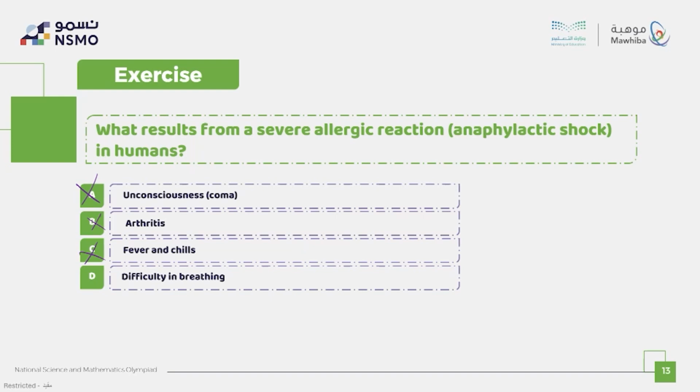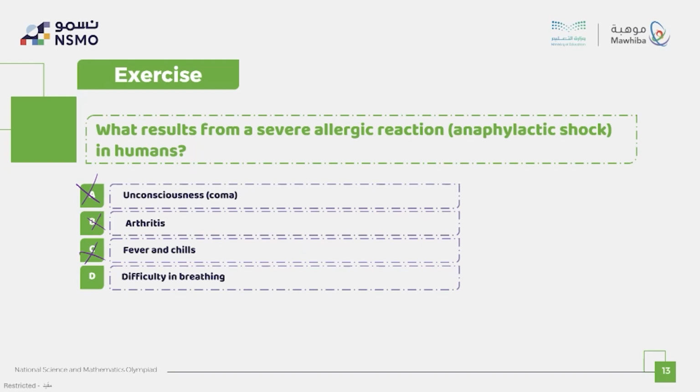Last one, difficulty in breathing. So that one is the correct answer. Because why? Because severe allergic reaction causes throat swelling and airway narrowing, leading to difficulty in breathing, which is the most dangerous sign. It's really, really dangerous.